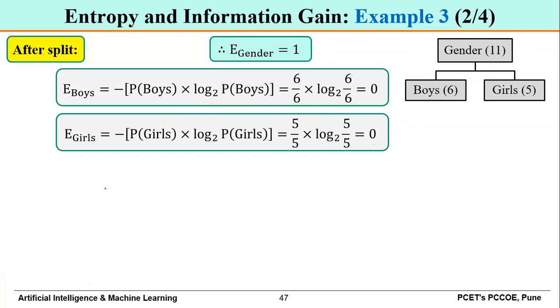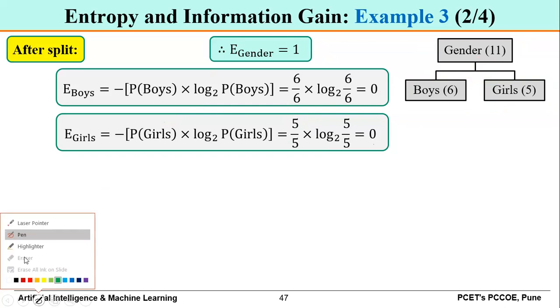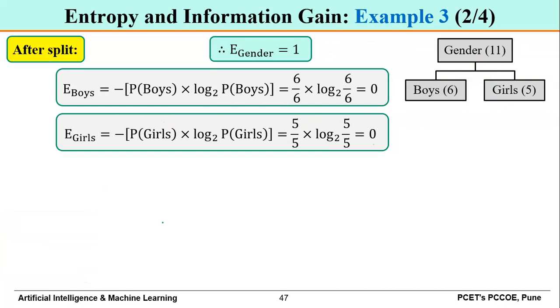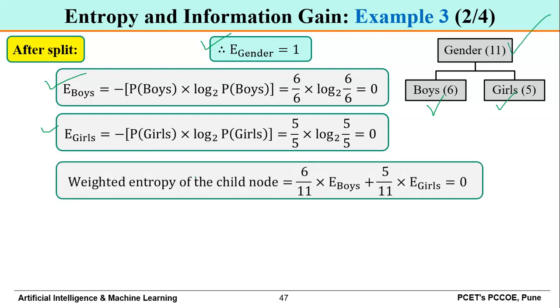Yes, we have the entropy for the gender, and we have the individual entropy for boys as well as girls. So we will calculate the weighted entropy, because we need to assign some weight to the boys as well as the girls in order to calculate the total entropy.